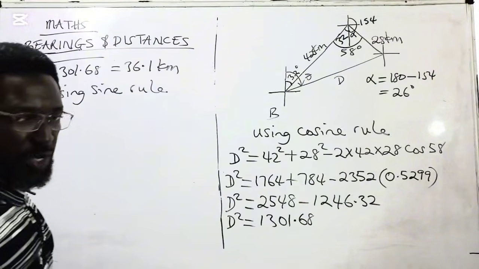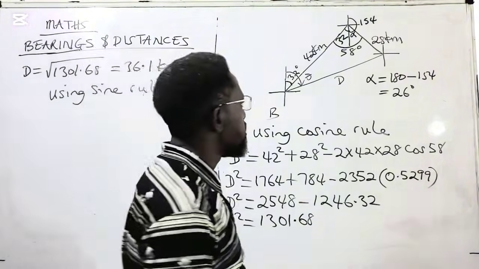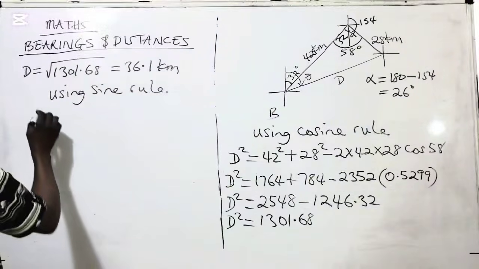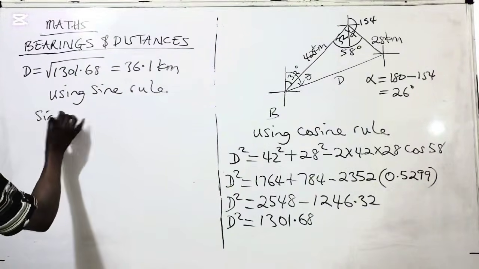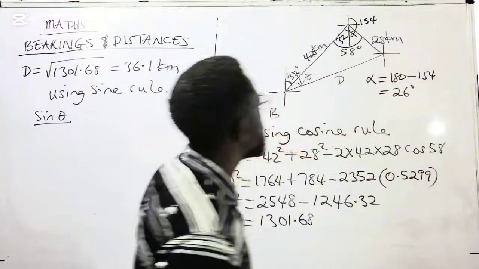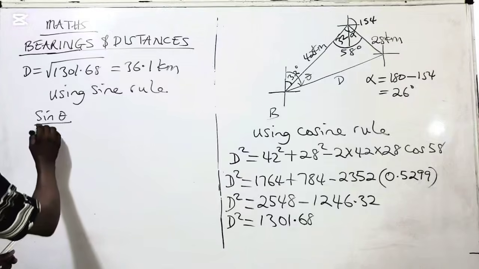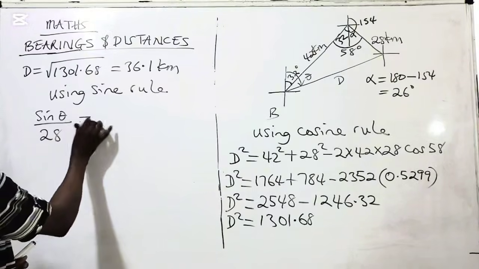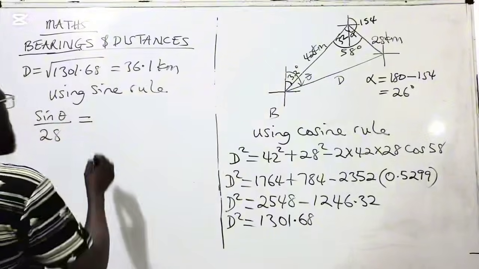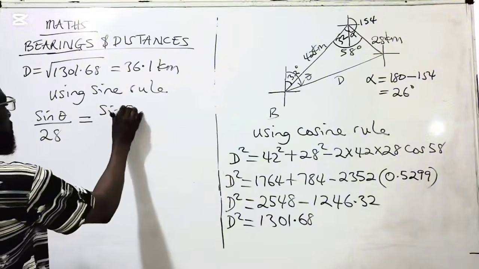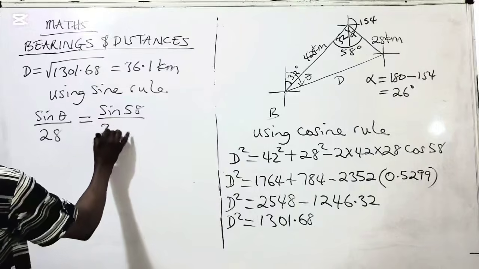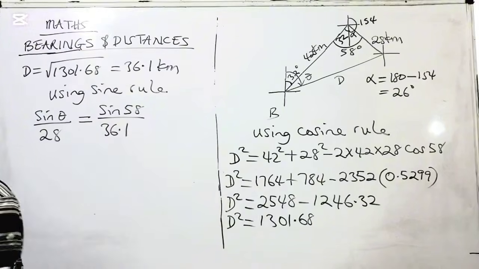Based on the sine rule, we have sine theta, the angle we are looking for, over the side facing theta, which is 28, equal to sine 58 over d, which is 36.1.